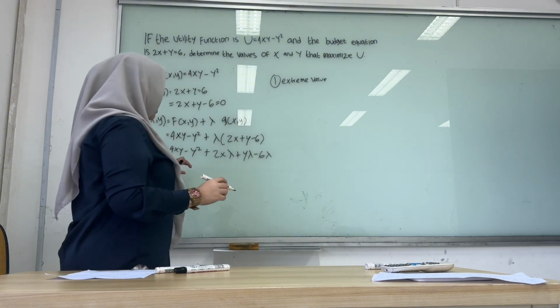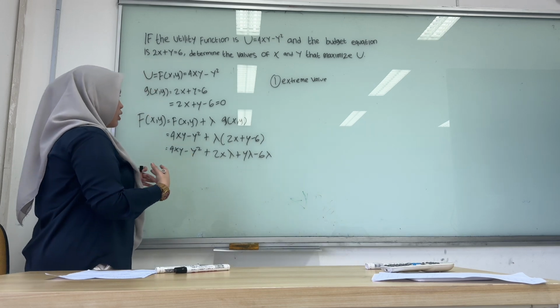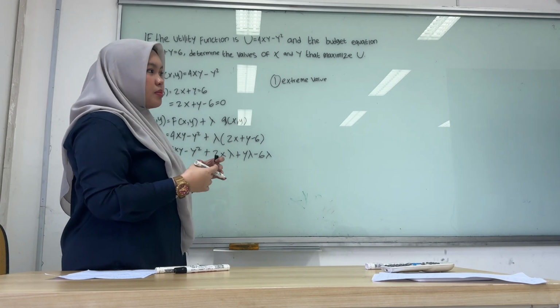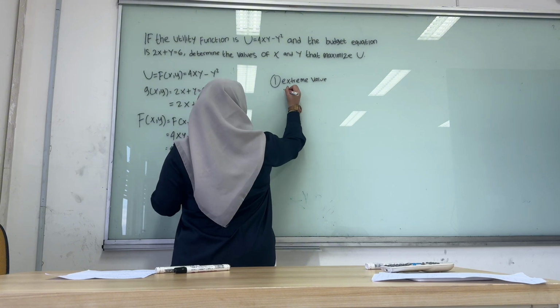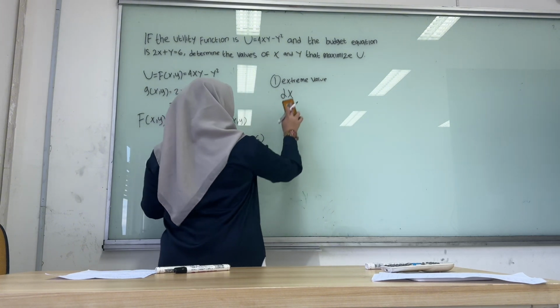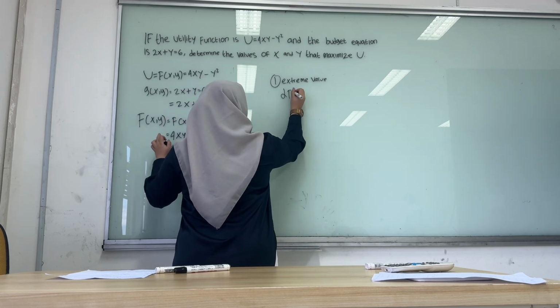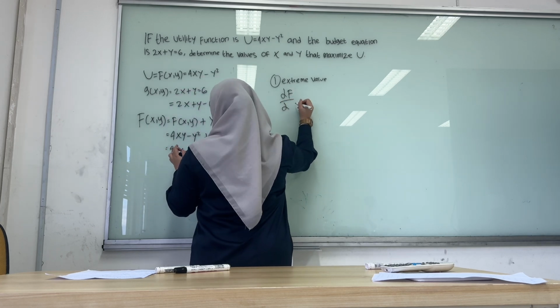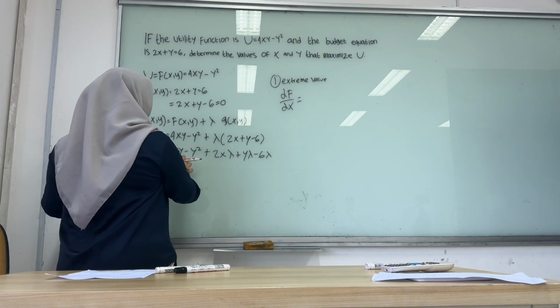From this equation we should formulate the first partial derivatives. So dou f per dou x equals, look at this equation.